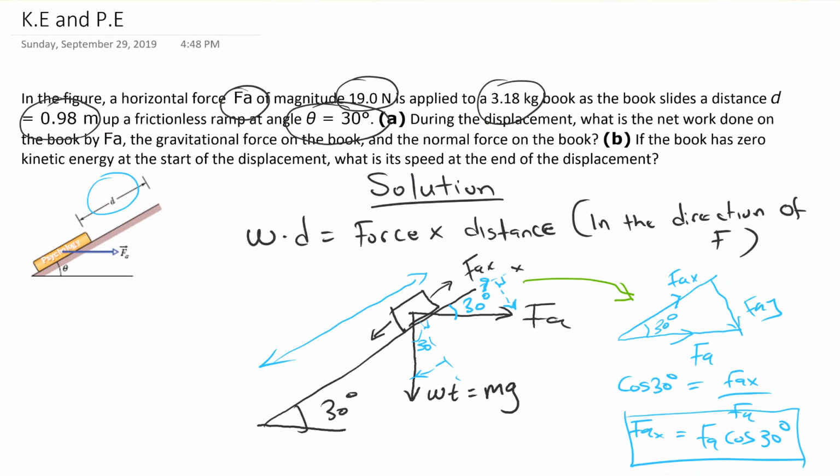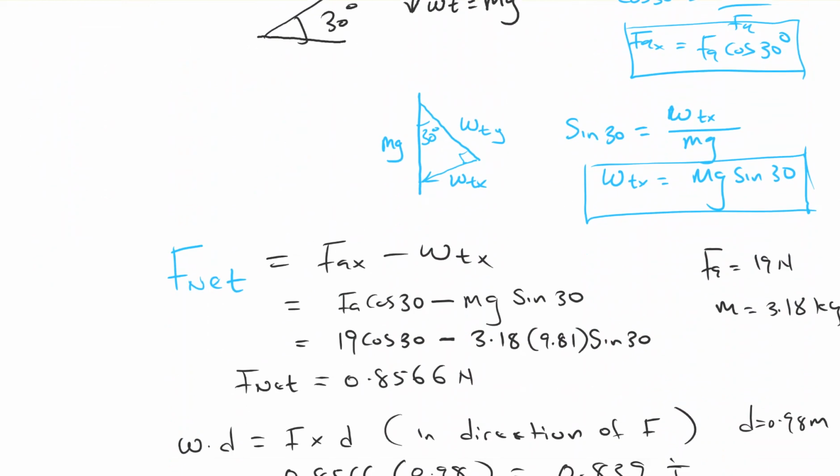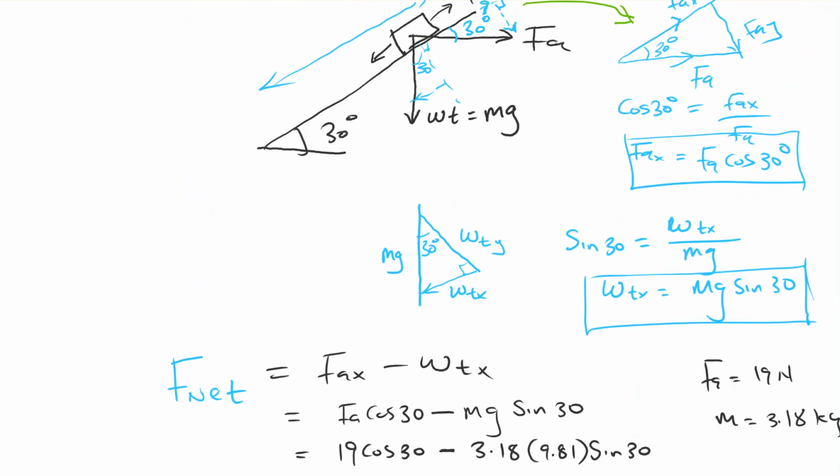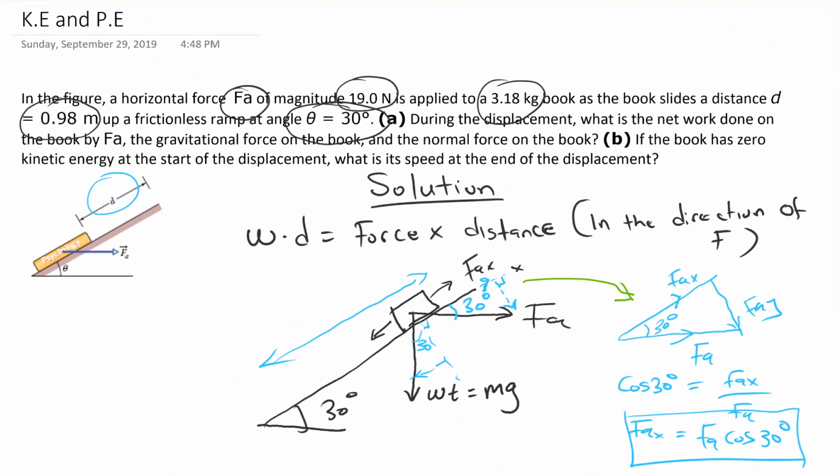Now going back, that is the first question actually. So this is the net force, the net work. Let's see. The net work done on the book by FA. Yeah, that's that.